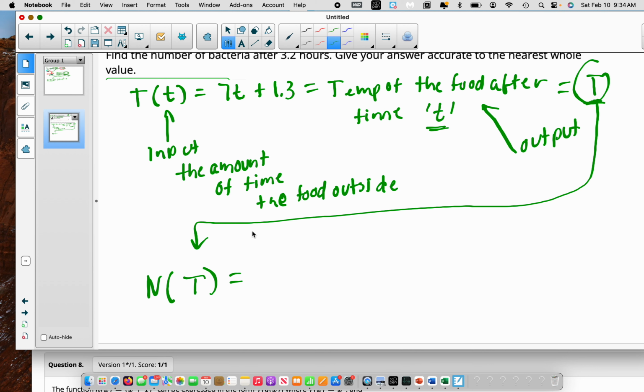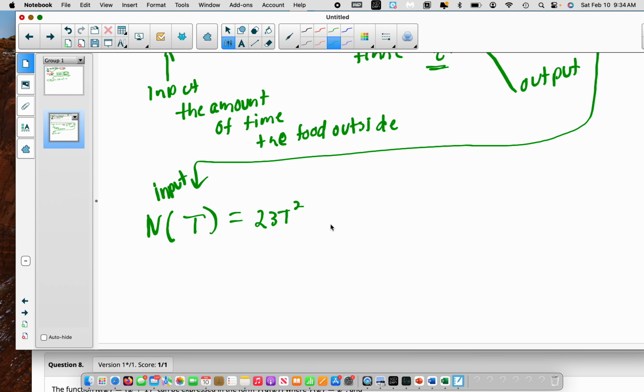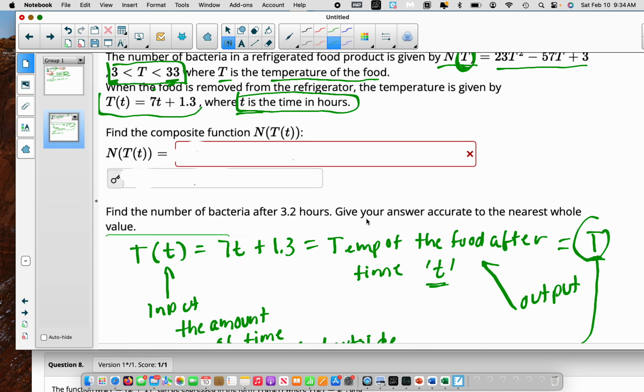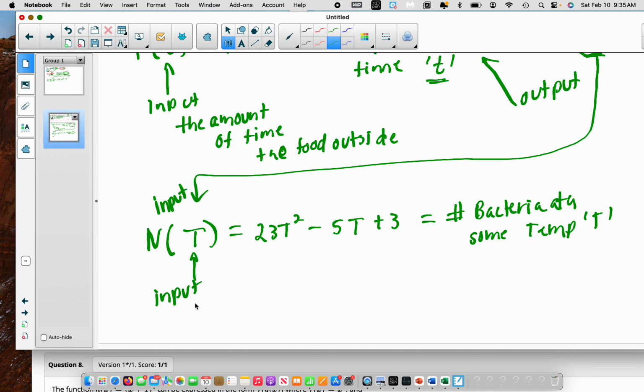Again, I take that output temperature of my food, and now it becomes an input to my bacteria function, which is 23T squared minus 57T plus 3 equals number of bacteria at some temperature T. So I input the temperature of my food, and the output I get is the number of bacteria when the food is at that temperature. This is N, number of bacteria.